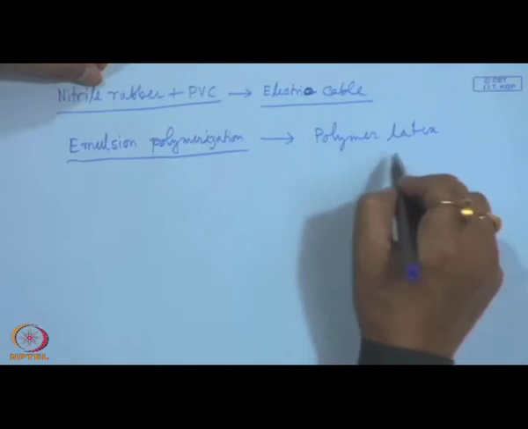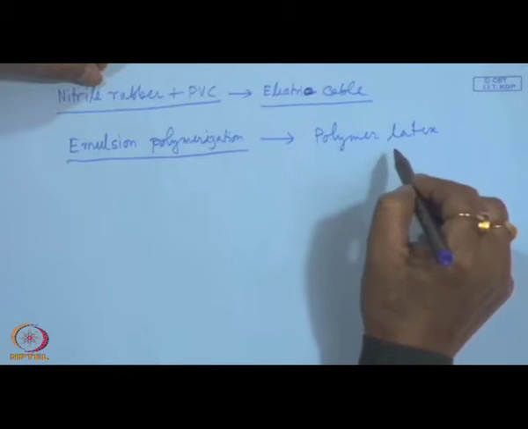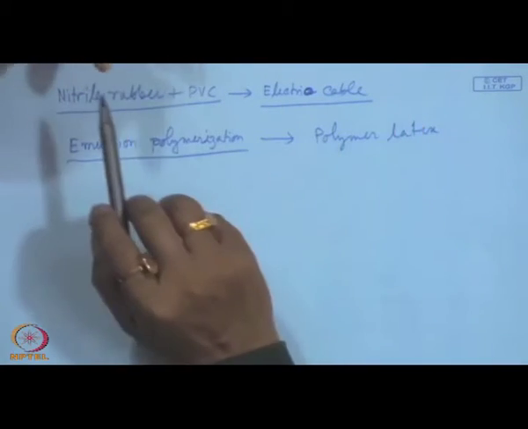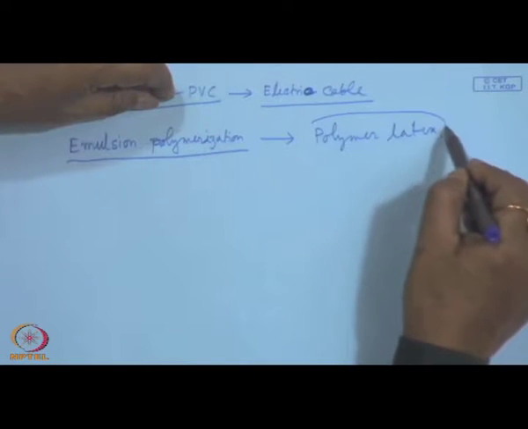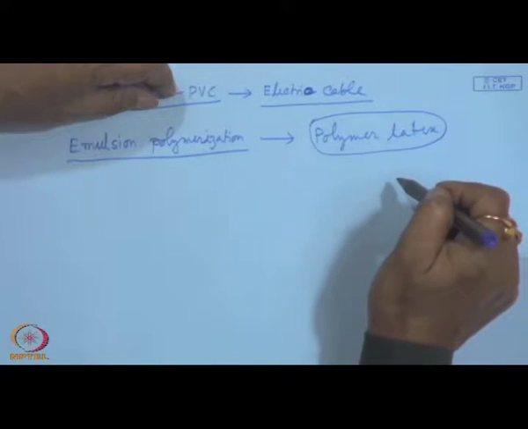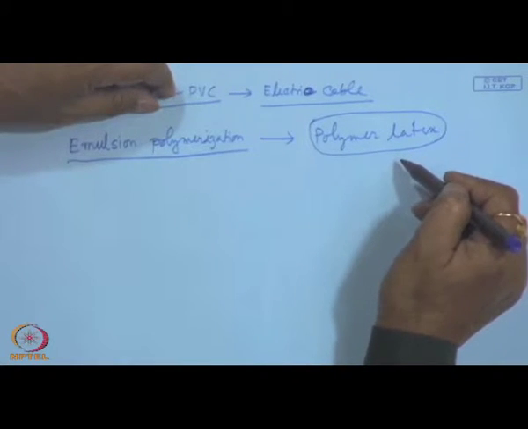That means, polymer molecules are dispersed in a dispersion medium which are stabilized by emulsifier molecules. So, that is known as polymer latex. Now, this polymer latex can be used directly to make some product, or the polymer is coagulated for isolation from the emulsion or from the latex to obtain a dry polymer.